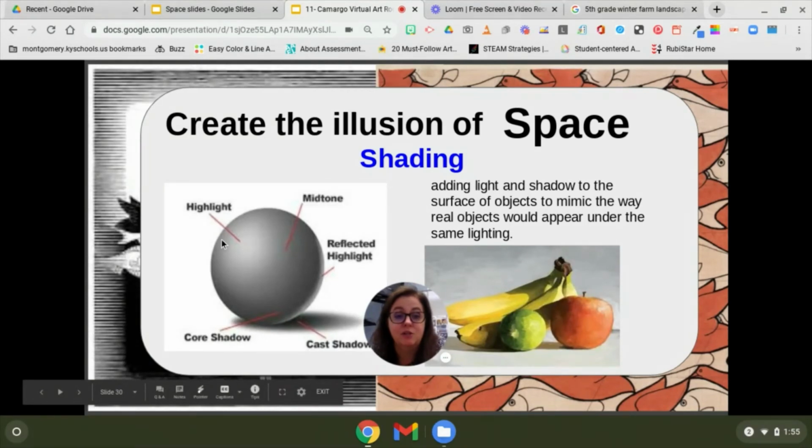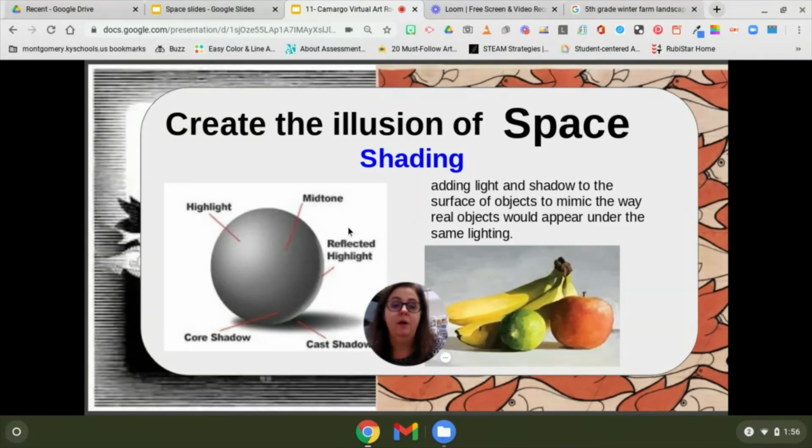And it actually goes on to name the parts of the shading and shadows, like the cast shadow, that is the shadow that the object is casting on the surface that it is sitting on, and then highlight, where the light is kind of reflecting off of the object or creating a really bright spot on the object. So adding light and shadow to the surface of objects to mimic the way real life objects would appear in the same lighting. So you can see this picture of a still life that someone colored has some really convincing shadows to make it look realistic.